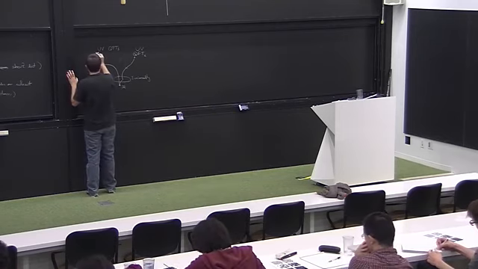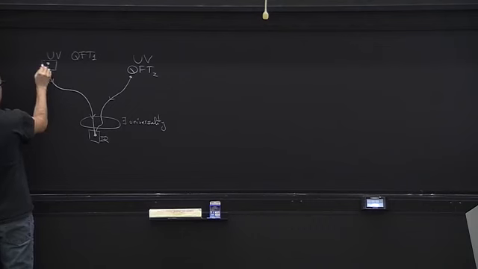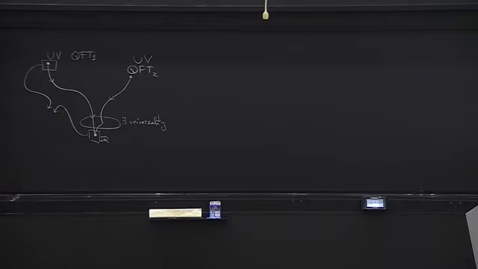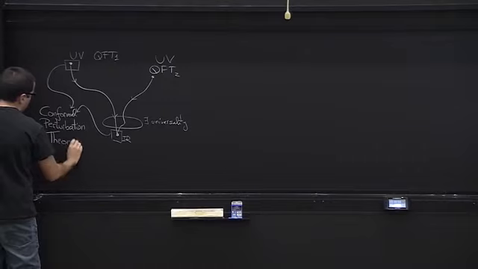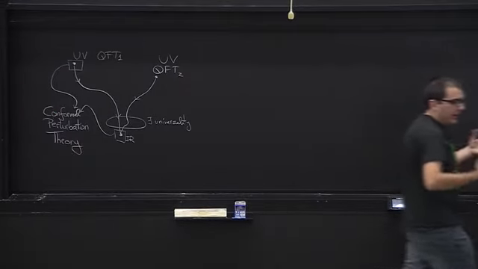And furthermore, close to a CFT, there are tools to study theories close to a CFT that are not the usual perturbation theory, but which is called conformal perturbation theory, where we can expand around the conformal theory.